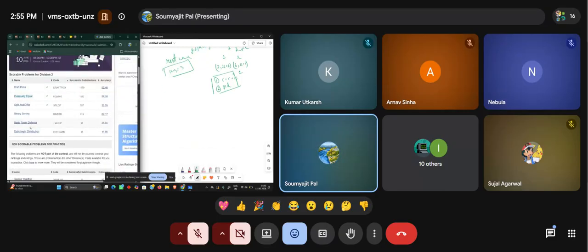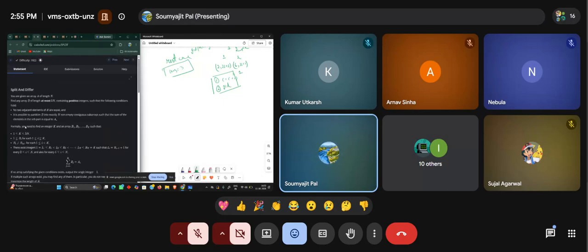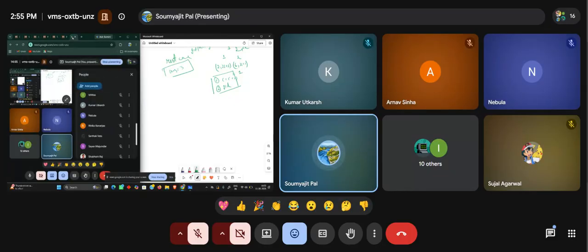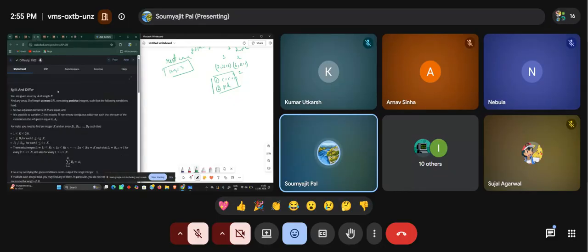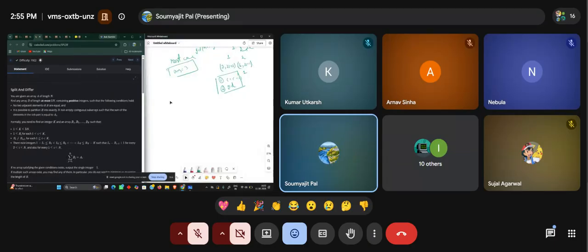One thing I did is the split and differ. Let me first explain the problem statement. We are given an array A: A1, A2 up to AN of length n.